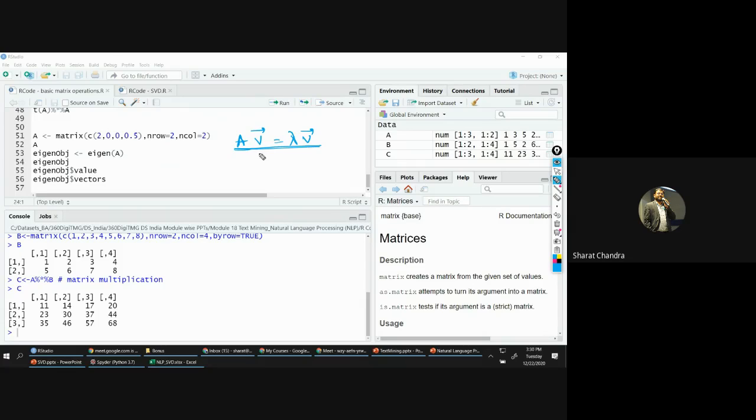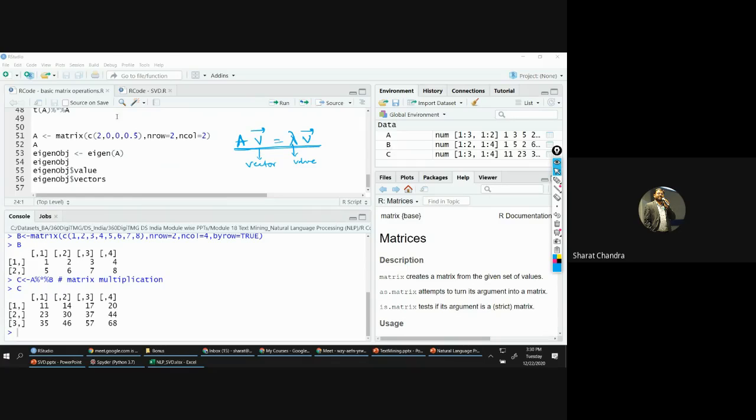This vector that you're seeing is called the eigenvector, and this is called the eigenvalue. For any matrix, we can represent the data in this way. And we can have multiple vectors and multiple values. Different vectors and different values can be there.